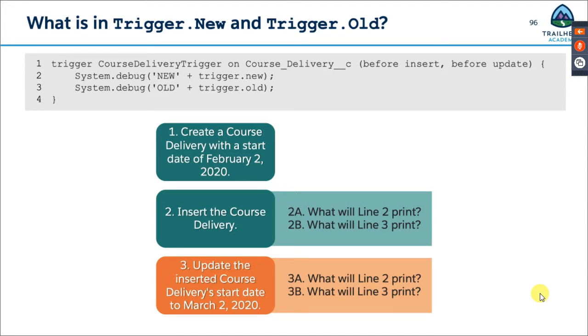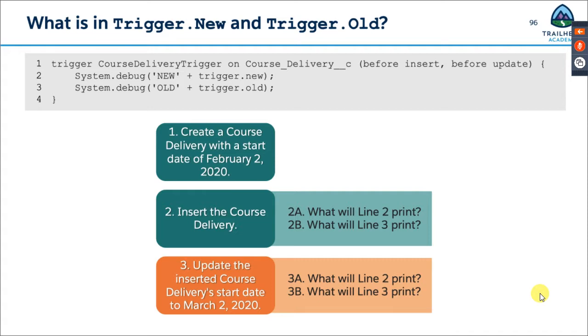We're going to have a trigger on the course delivery, on before insert and before update. Basically, the question is, what's the information that will be in trigger.new, and what's the information that's going to be in trigger.old? So when we create a record and we specify that it's February 2nd, 2020, in trigger.new you have the record with that particular date, February 2nd.